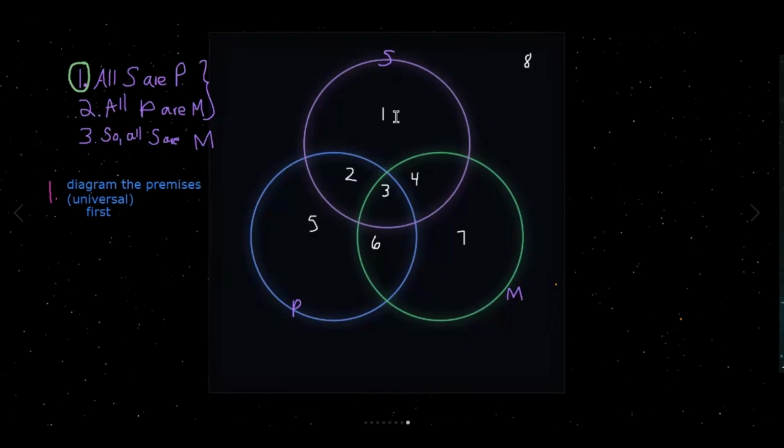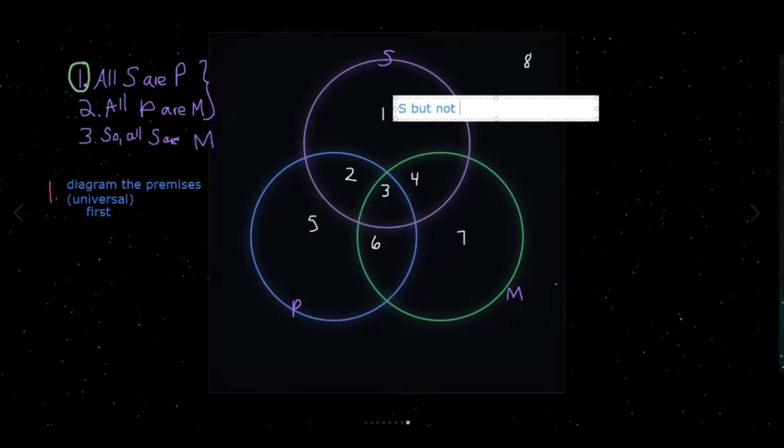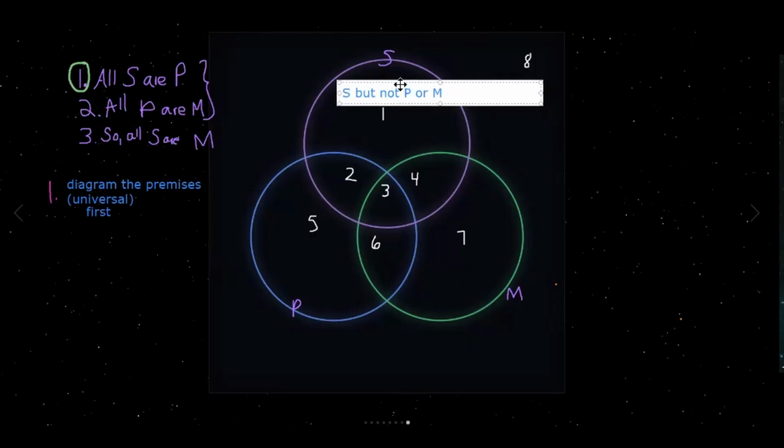So again, remember what the set region 1 represents. S, not P or M. That's what region 1 represents.